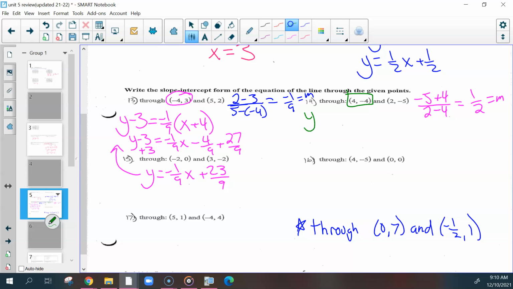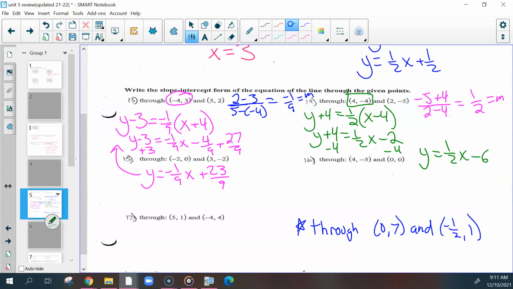This would be y plus 4, or y minus a negative 4, equals 1/2 times x minus 4. Distribute. You have y plus 4 equals 1/2 x minus 2. And then subtract. y equals 1/2 x minus 6.